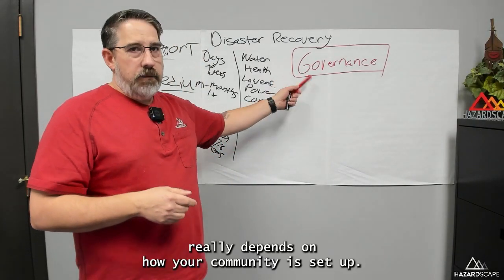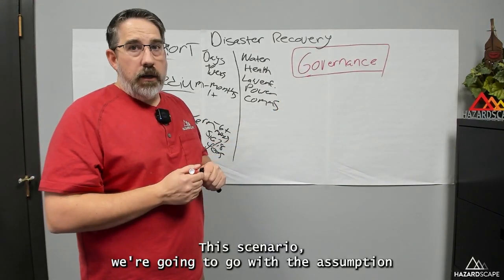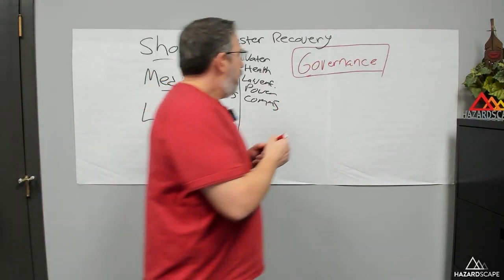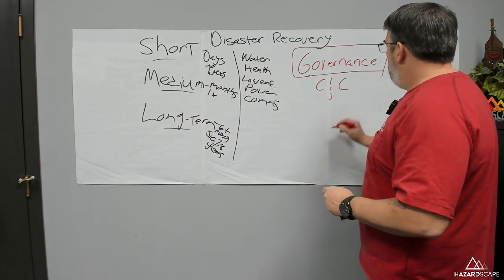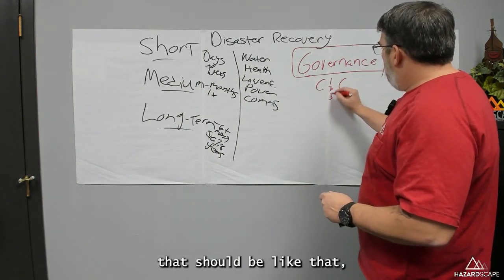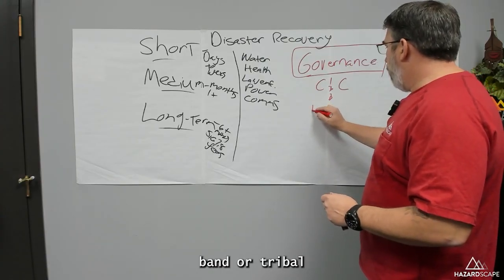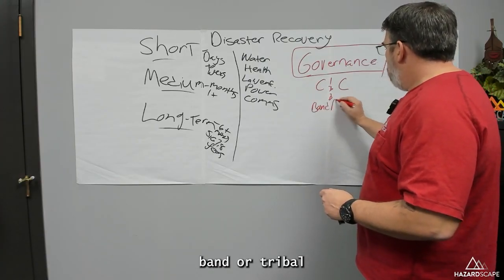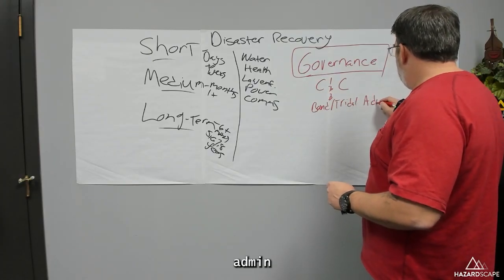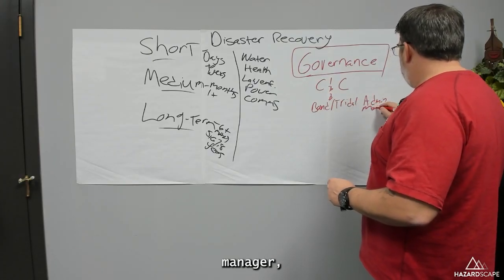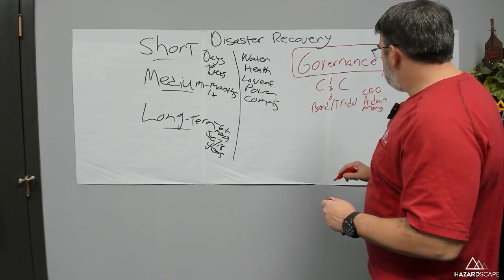Now, it really depends on how your community is set up. In this scenario, we're going to go with the assumption that, of course, you probably have a chief and council. You probably have some sort of band or tribal admin, manager, CEO, director, whatever it's called in your community.